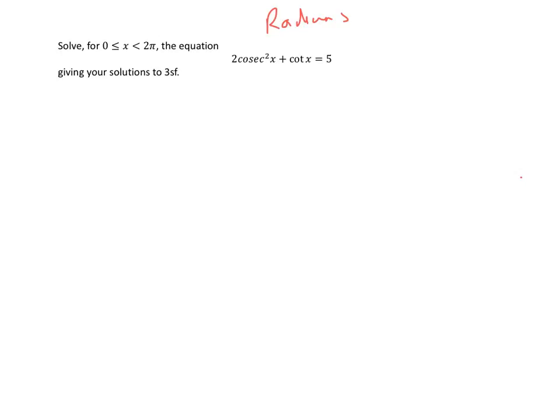So I know that sine squared theta plus cos squared theta equals 1. So dividing through by sine squared theta will give me 1 plus cot squared theta equals cosec squared theta.